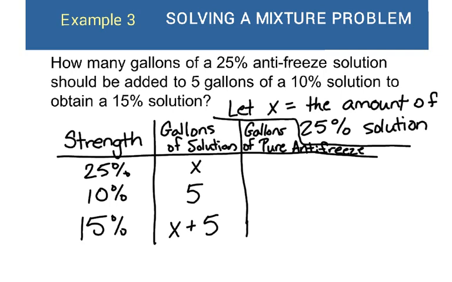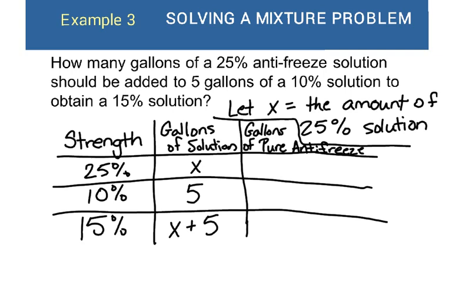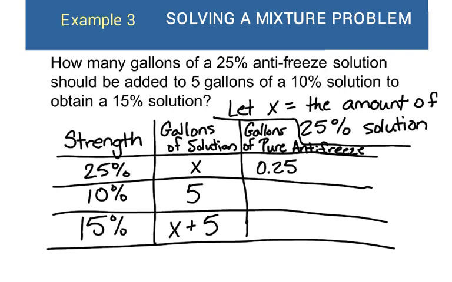Alright, now for this last column, gallons of pure antifreeze, what we're going to do is multiply across our rows to get the amount of gallons of pure antifreeze. So 25% times x, change the percent to a decimal, so we get 0.25x.